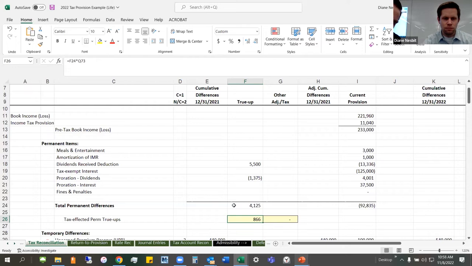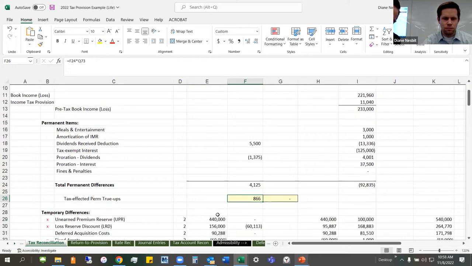So in the current year provision, when I'm recording what I should put for my current year expense, I've got to take that into consideration. I underreported my income, so I'm going to true up for that, and I'm going to record this 866, which is just 21% of the 4,125.